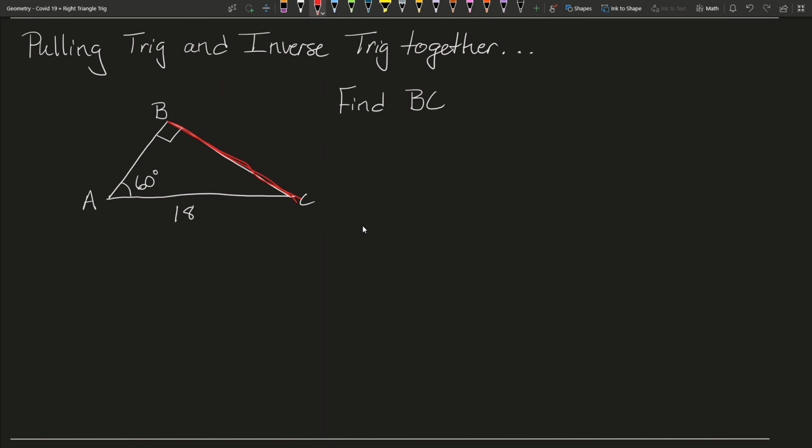The first thing that we would do here is to just see what side we actually have. We have this side 18, which is opposite our right angle, which means that we have the hypotenuse. And we're trying to find the side opposite our angle.